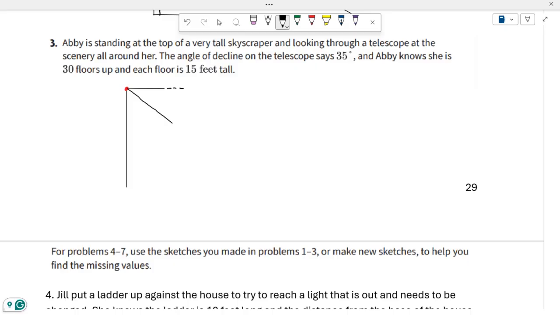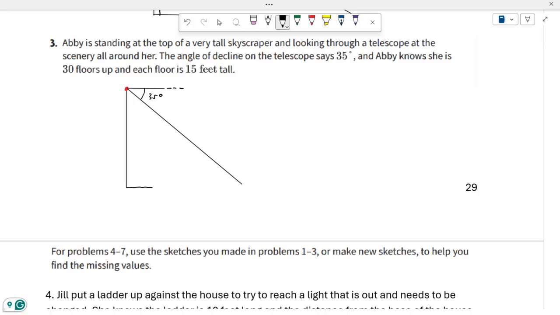So we'll go ahead and sketch it like that. Again, I'm not too worried about this being to scale. I just want to get my picture set up here. And again, the angle of decline, you start at the horizontal and it's decline, so you go down. So we're going to start here and go down like that. And that angle is 35 degrees. Great.